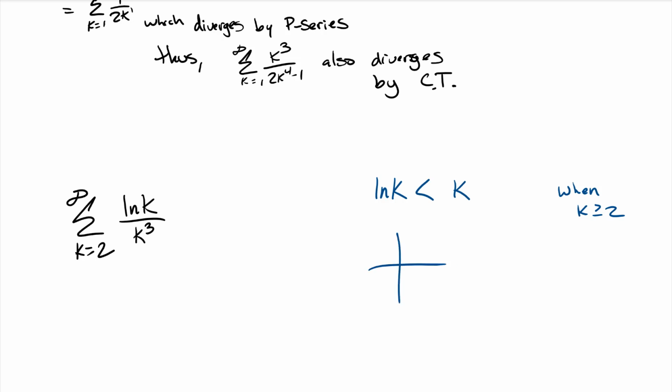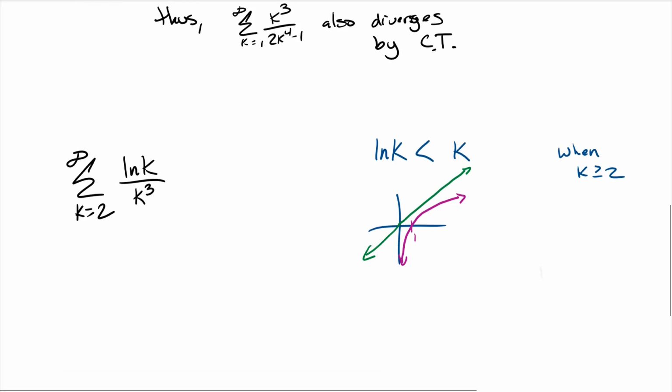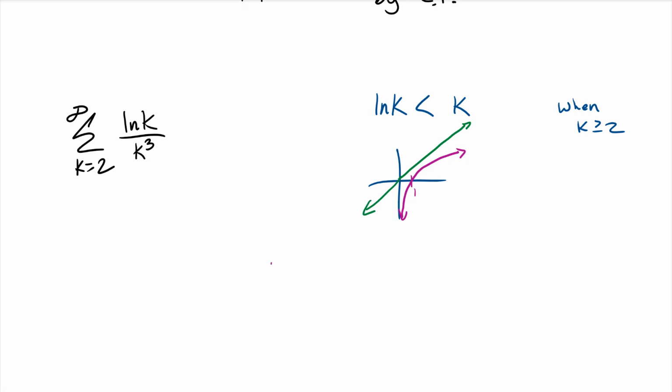You ever seen an ln function? It goes like this, through 1. And then let's draw k. Yeah, I'm pretty sure k is a little bigger. So what I'd like to say on this is, whoa, hold up.